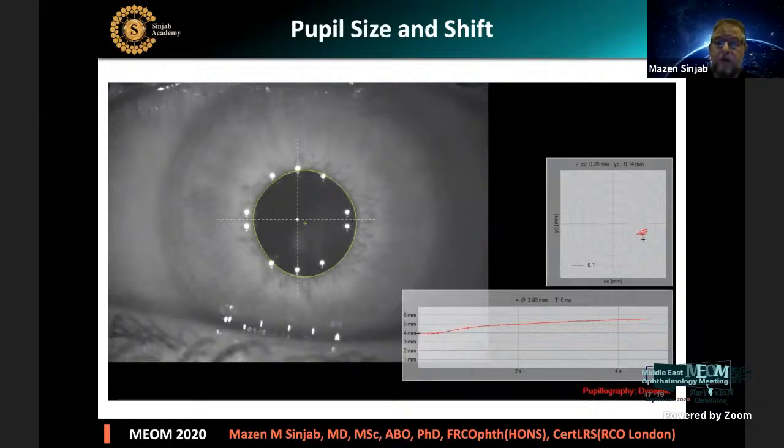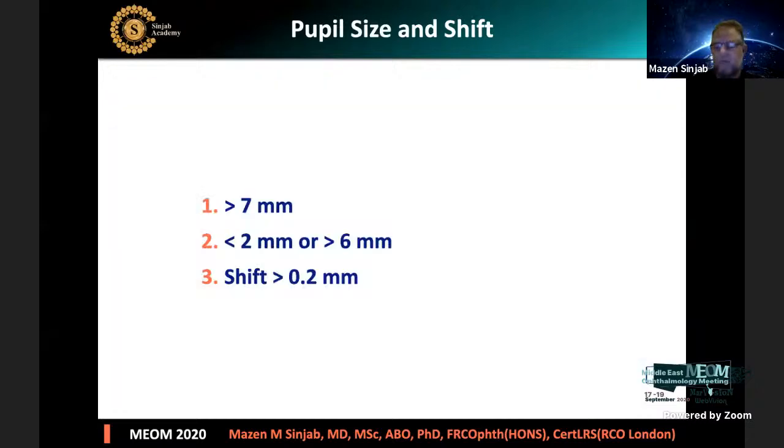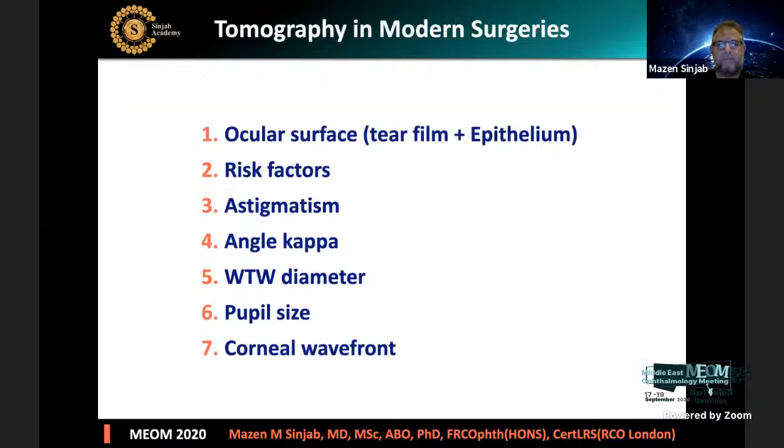But if it is larger than this, then there will be a shift in the pupil between the scotopic and photopic. And if we are putting a premium IOL, then this may cause dysphotopsia at night, because the pupil center shifts.